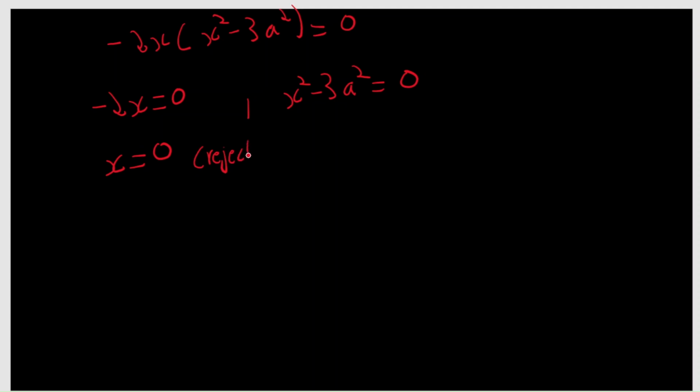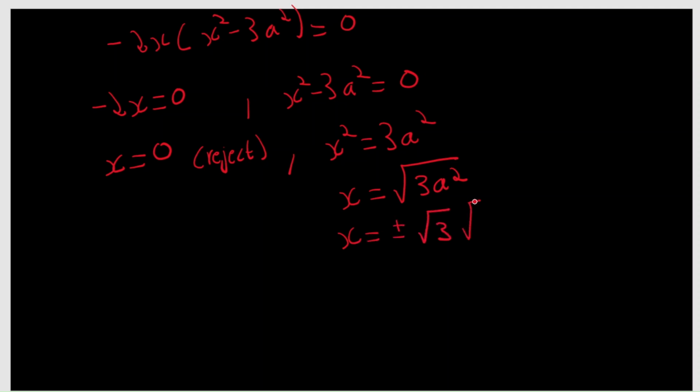And then we have x square is equal to 3a square. So taking square root on both sides, x is equal to plus or minus root 3 into a.